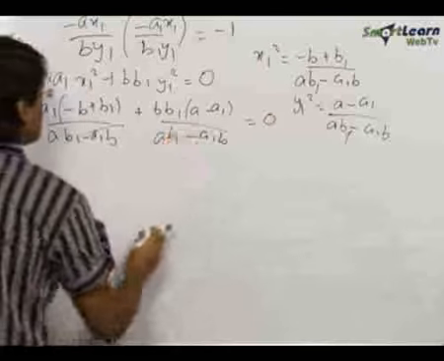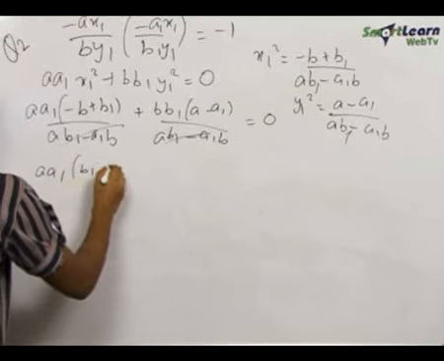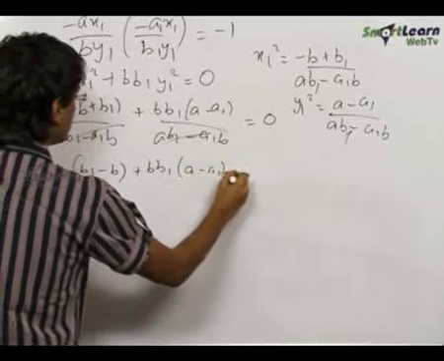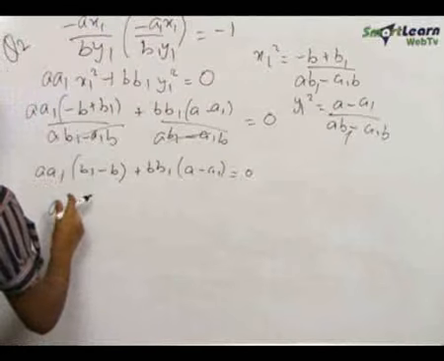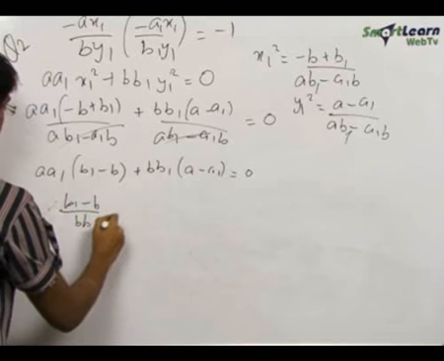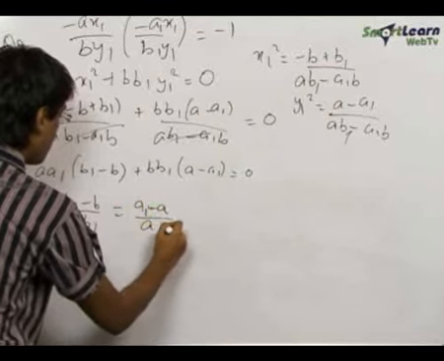This factor gets cancelled and we get the relation (b1 − b) upon b1 equal to (a1 − a) upon a1.